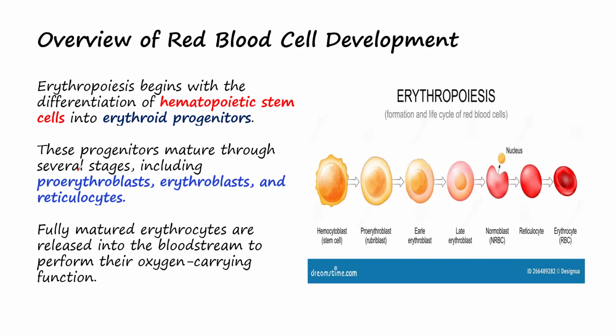So as you can see, erythropoiesis, that is the formation and the life cycle of the red blood cells, started from the hemocytoblast, that is the hematopoietic stem cell, then from there to erythroblast, then early erythroblast, late erythroblast, and then normoblast, then reticulocyte, and lastly the erythrocyte.